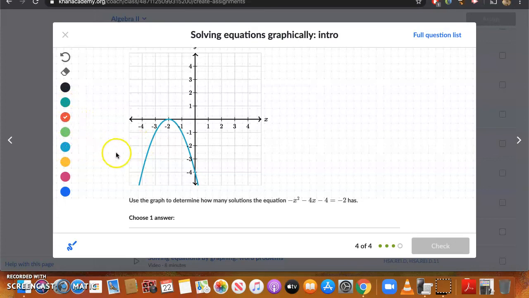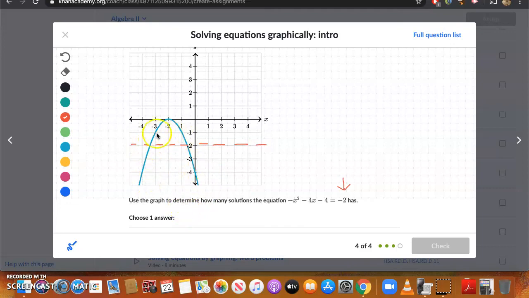So when y is negative 2, right here, how many solutions does this equation have?